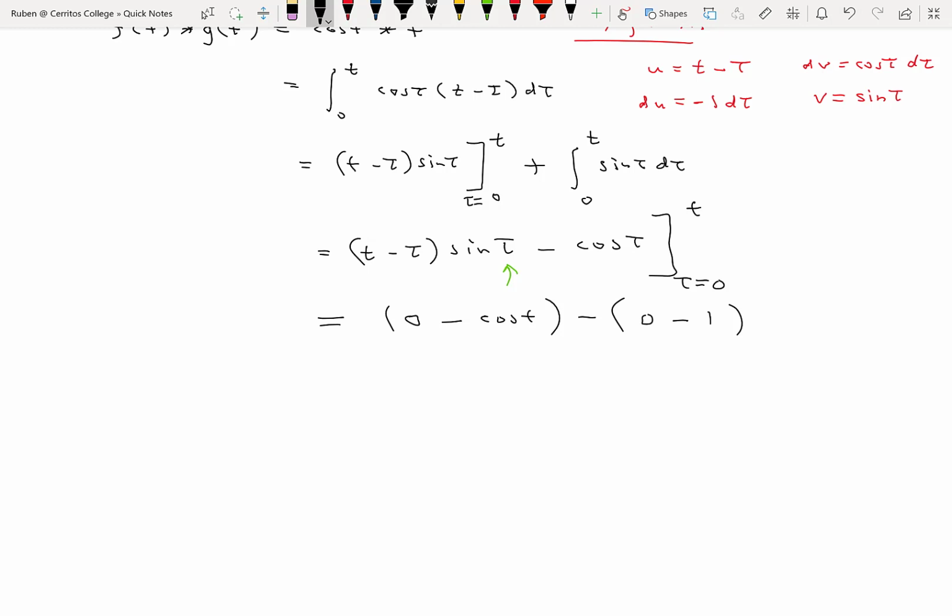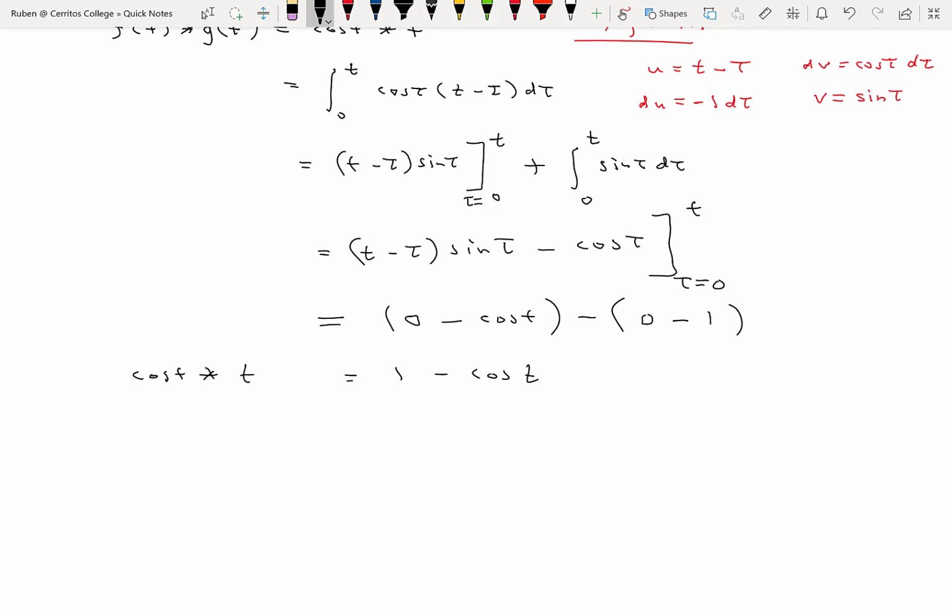Okay, so let me get rid of my little green arrow there. So the result is 1 minus cosine t. So the net result is that the cosine of t convolved with t is 1 minus cosine t.